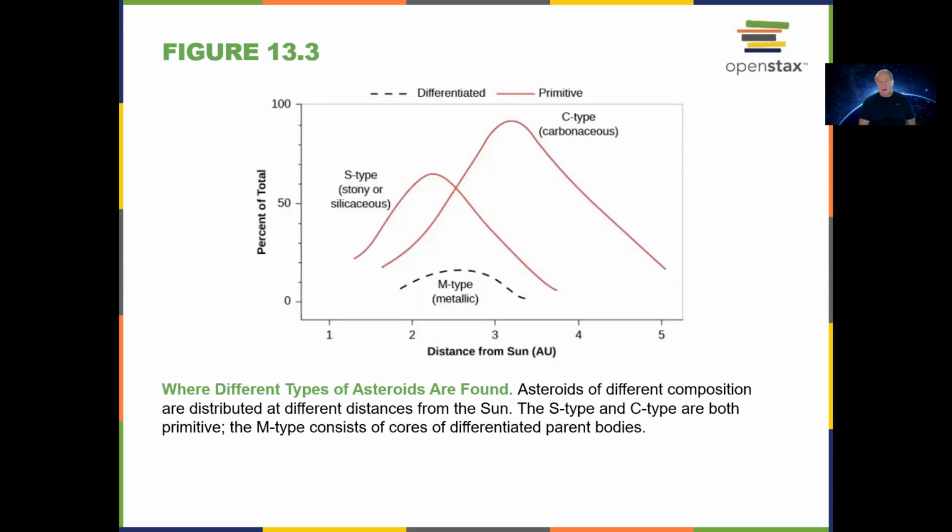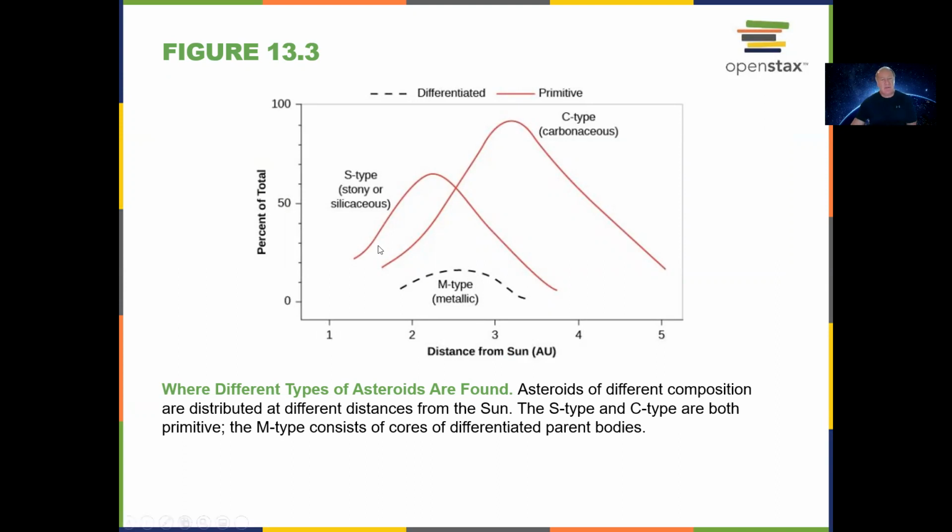So if we look at where the different types of asteroids are found, we have asteroids of different compositions distributed at different distances from the sun. So don't forget, this is an astronomical unit, and it's the distance from the sun as we move out. And we say that the S and C types are both primitive, and the M types consist of cores of the differentiated parents of both.